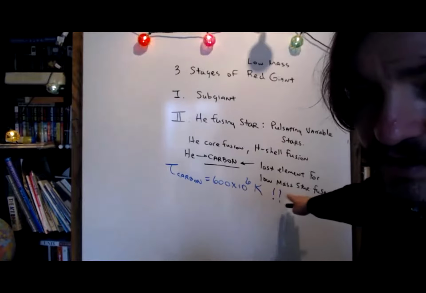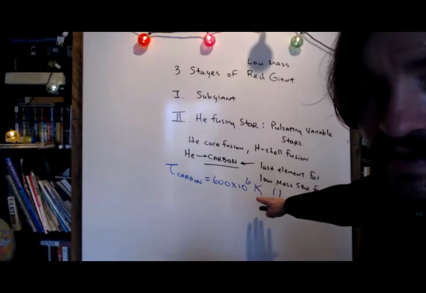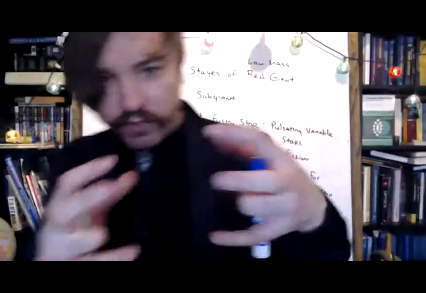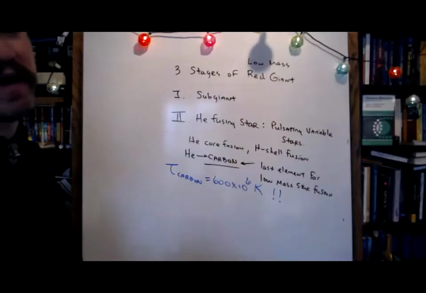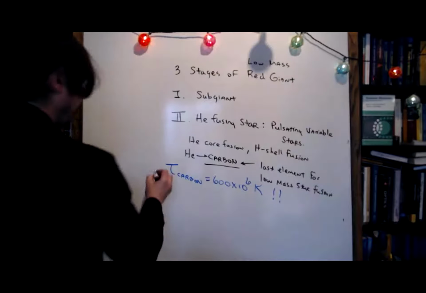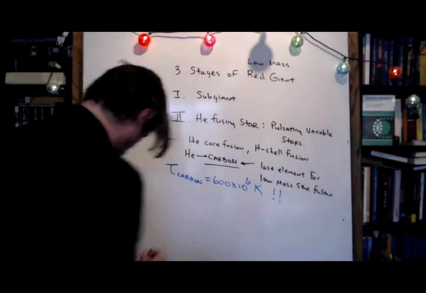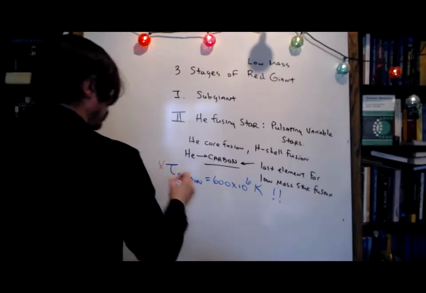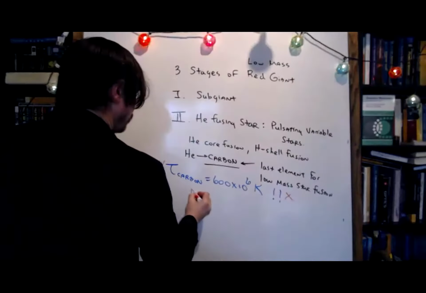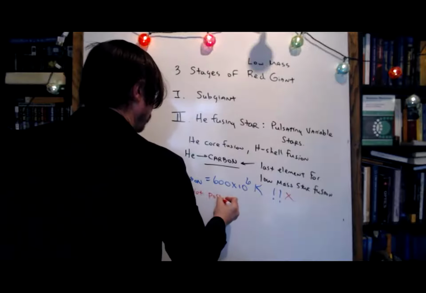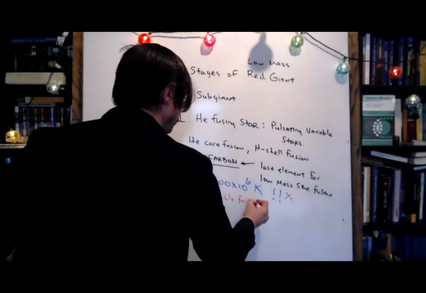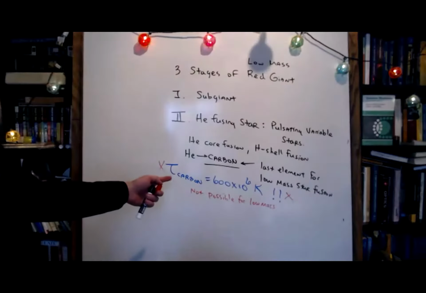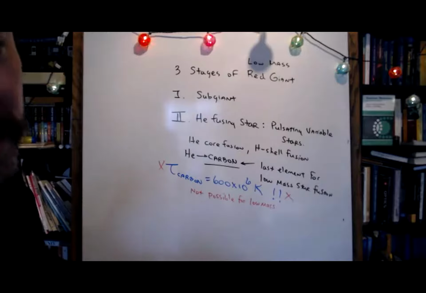We know that our sun could never fuse carbon into heavier elements because there just is not enough gravity associated with our star to squeeze that central piston up to a high enough temperature. So put a big red X. So for low mass stars, it's not possible. In fact, it's going to turn out that only the highest mass stars are going to be able to go beyond this point.